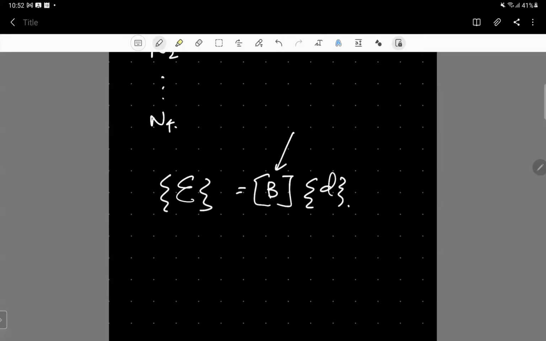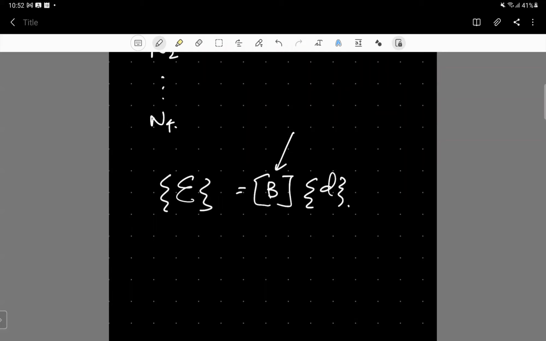The B matrix can be separated into submatrices, and these are again functions of alpha and beta values, which I will provide in the reading material where you can go through.